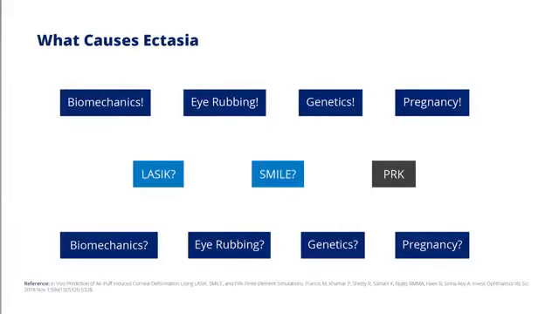Well, what causes ectasia? In fact, I would say that we probably really do not know right now. There's several hypotheses: eye rubbing, pregnancy, biomechanics, genetics, could be anything. There's only partial evidence right now that points to one or more of all of these factors.